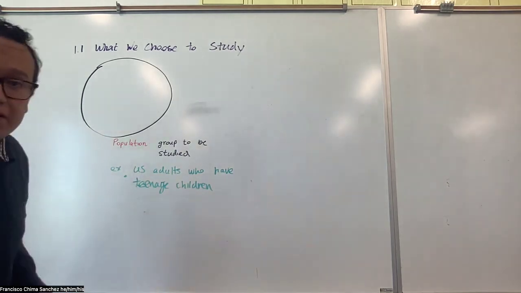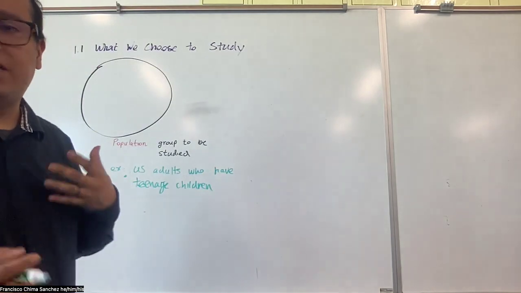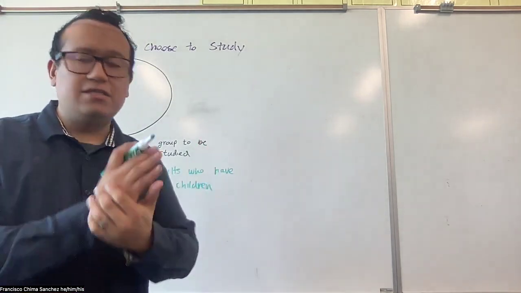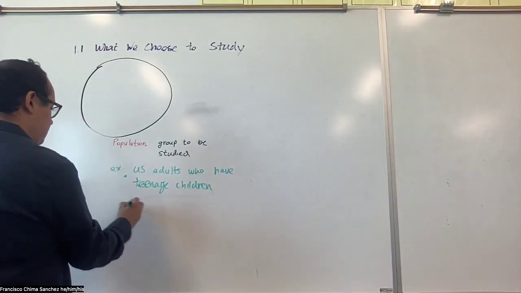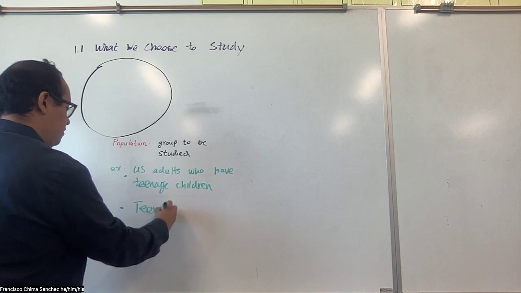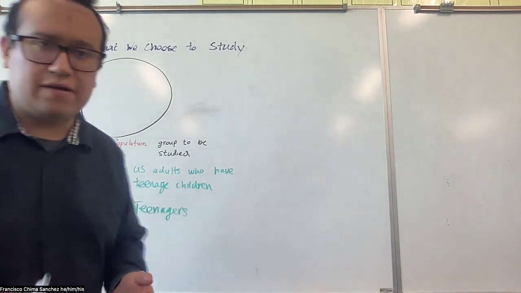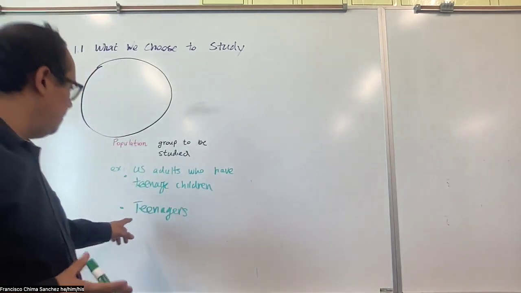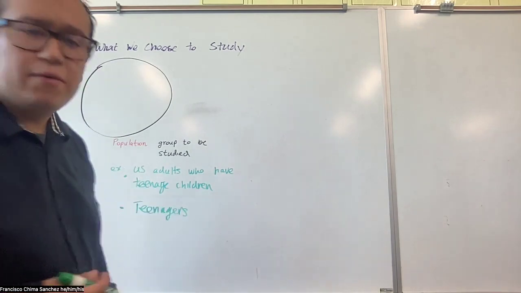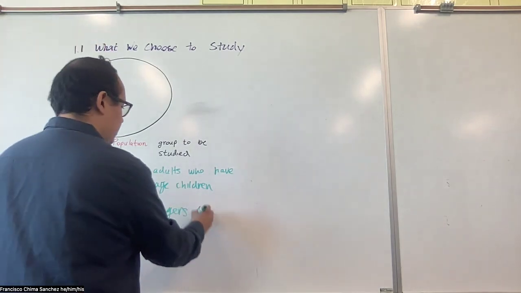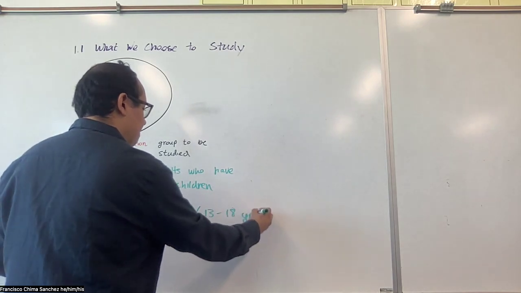That's one group that we may be interested in asking this question of. And we may also be interested in asking teenagers of today, right? So these are two very broad populations, right? We're talking about millions of people. So we might want to narrow it down somewhat, depending on the scope of what we're trying to study, right? So maybe we're just interested in 13 to, let's say, 18-year-olds.